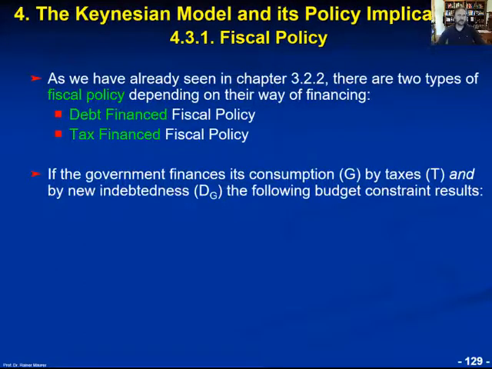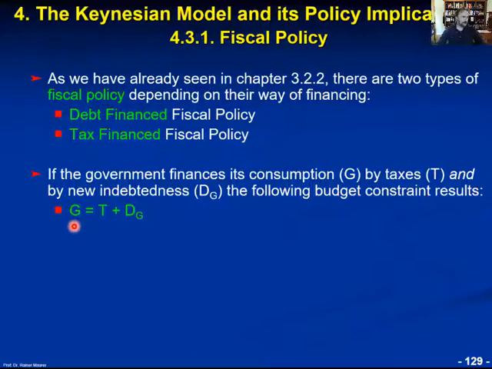If the government finances its level of consumption, which we symbolize with capital letter G here and in the following, by taxes, we use capital letter T to symbolize the net tax payment of households to the government, and at the same time by new indebtedness, for which we use capital letter D with the index G for government, the following budget constraint results.